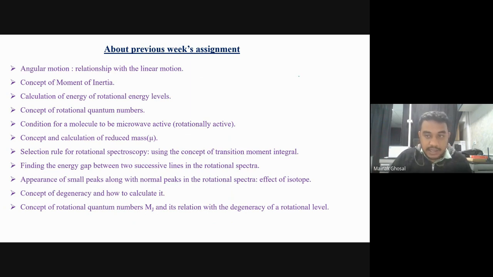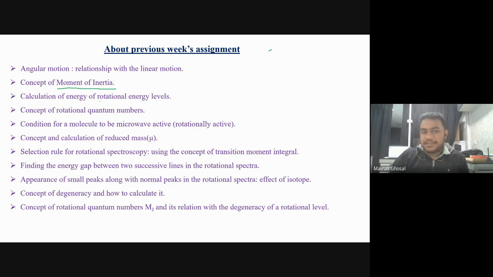Just like velocity in linear motion has angular velocity in angular motion, denoted by omega, the same thing for mass in angular motion is called moment of inertia. It is just the angular part for mass.